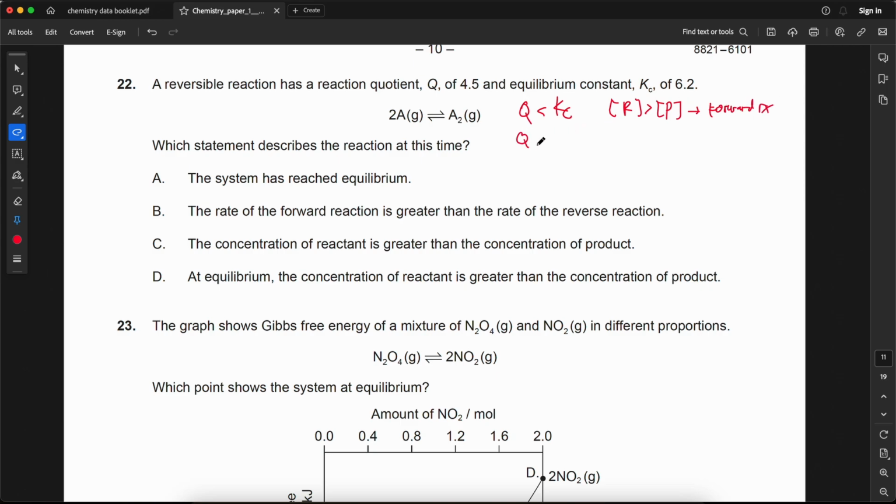If Q is bigger than Kc, the concentration of product will be bigger than reactant. So that would be reverse reaction. Okay, so which statement describes the reaction at this time? The rate of the forward reaction is greater than the rate of the reverse reaction.